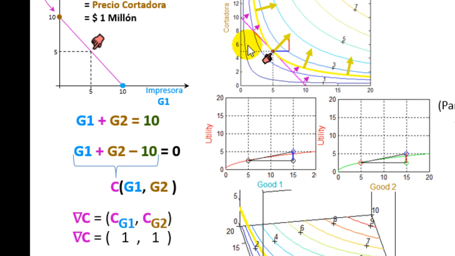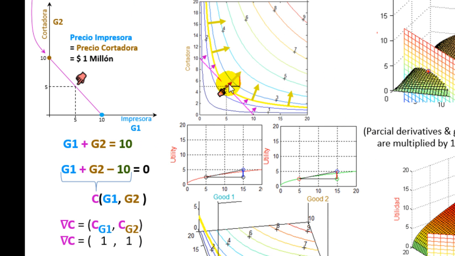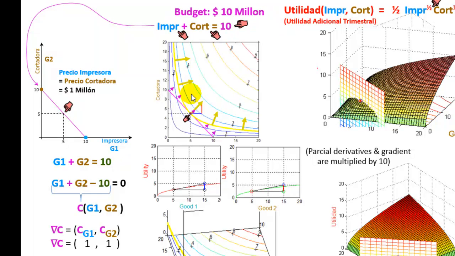That's why at every point the gradient goes in that direction, because it is the growing direction of this function. But there is only one point in which the gradient of this function c has the same direction as the gradient of the utility curve.